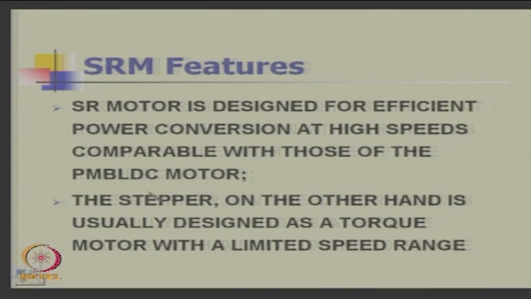The stepper motor on the other hand is usually designed as a torque motor with limited speed range. A stepper motor is not a continuous speed one; it only rotates a few revolutions or a few steps, and it is a torque motor, it does not give you speed, it gives you torque.